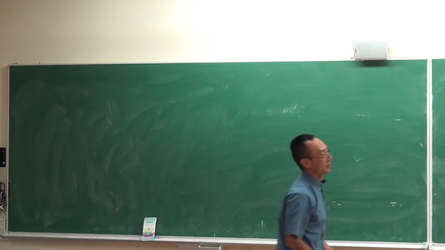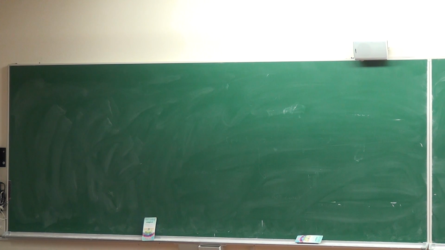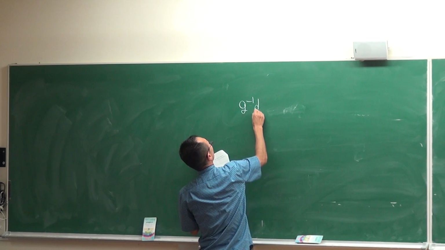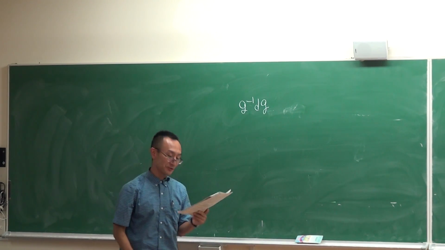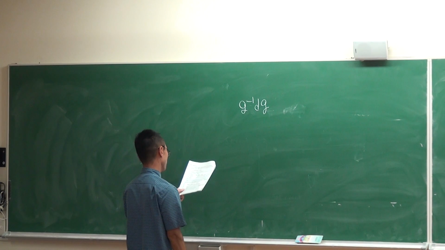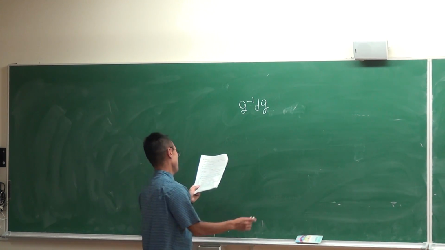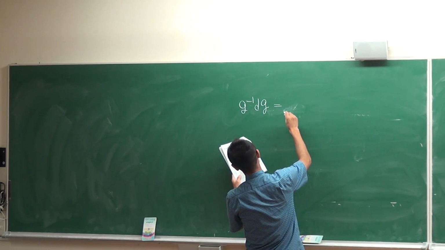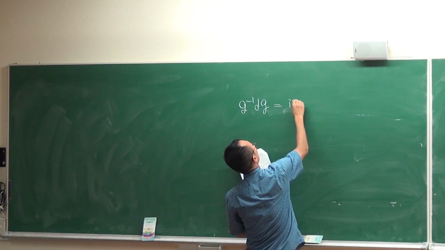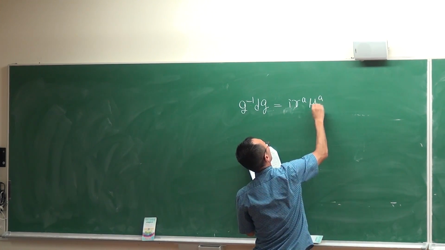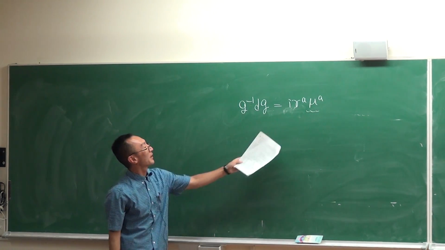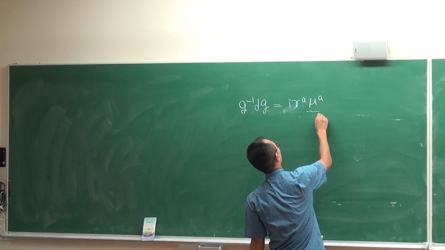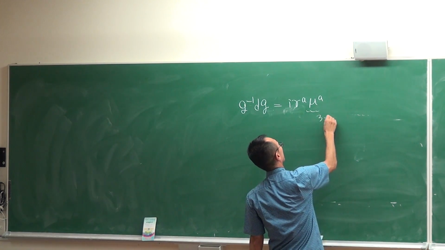Now, if you are given this matrix g, let me define the following quantity, g inverse dg. So this is a one form taking values in the 2x2 matrices. And actually this turns out to be a linear combination of the gamma matrices. And let me define the coefficients of gamma 1, 2, 3 by mu. So this is a triplet of one forms.